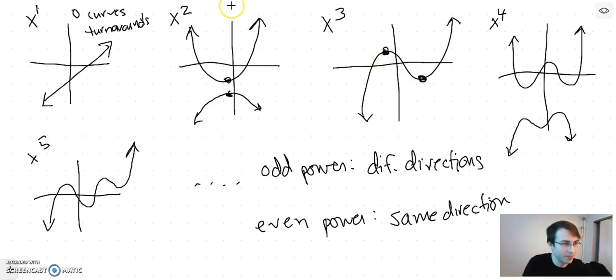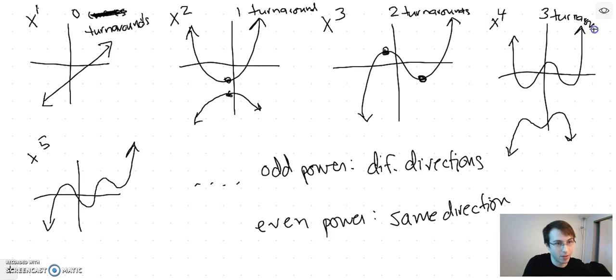So, yeah, let's call them turnarounds, not curves. So 1 turnaround, 2 turnarounds. X to the fourth, that can have 3 turnarounds. Because 1, 2, 3.